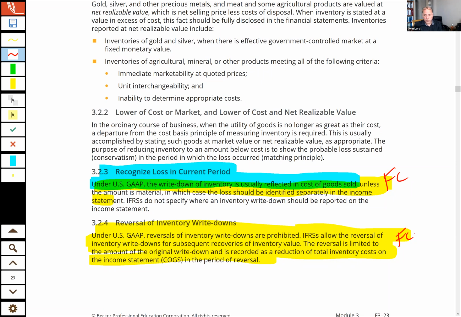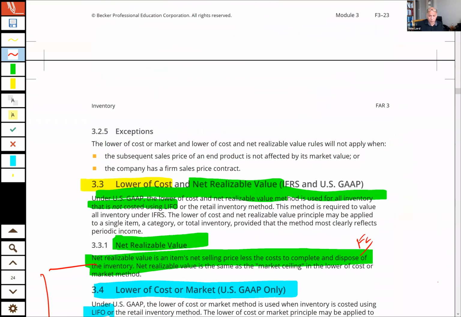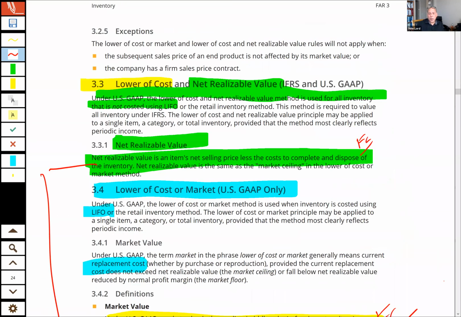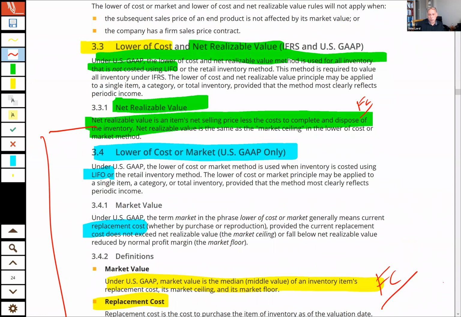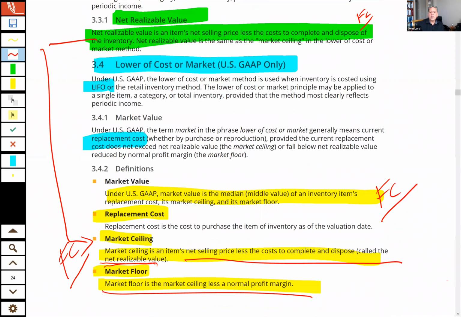Question. Hardest part of this, trust me, guys. When I took the exam, I could not answer one of these questions. Not when I took the exam. By the time I took them, I was pretty good at them when I was studying. I could not answer one of these questions, and then I realized my problem was I didn't know the definition of ceiling and floor.